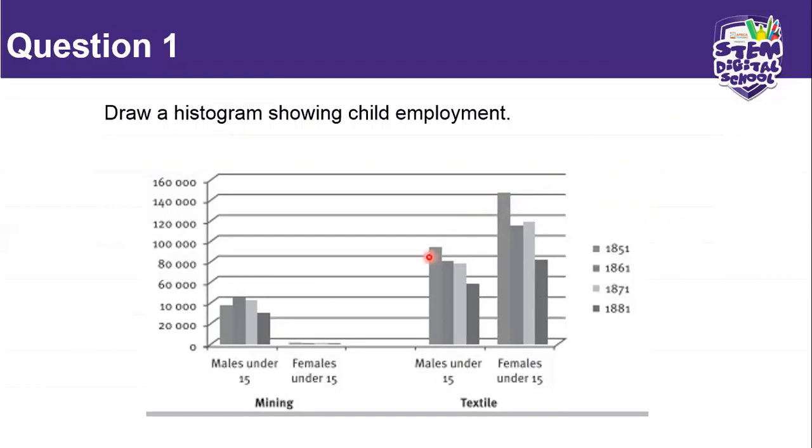Here you can see. And then they dropped in 1881 here and here. So you can see the difference between 1881 for males and 1851. And also for females, the number dropped from 1851 to 1881.